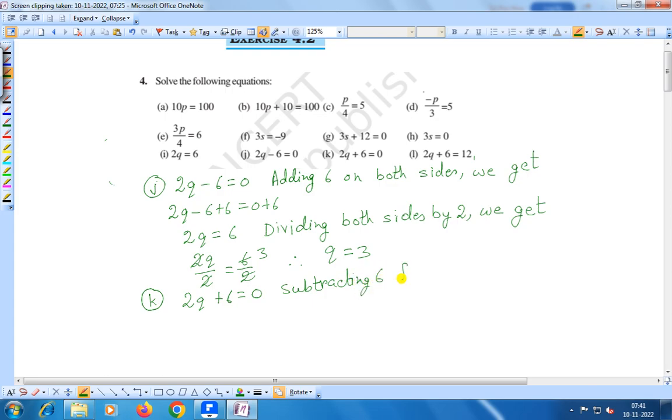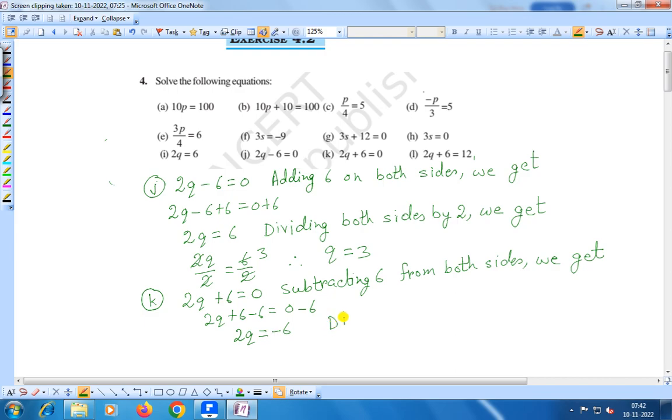Subtracting 6 from both sides, we get 2q plus 6 minus 6 is equal to 0 minus 6. Plus 6 minus 6 is 0. Therefore, 2q is equal to minus 6.